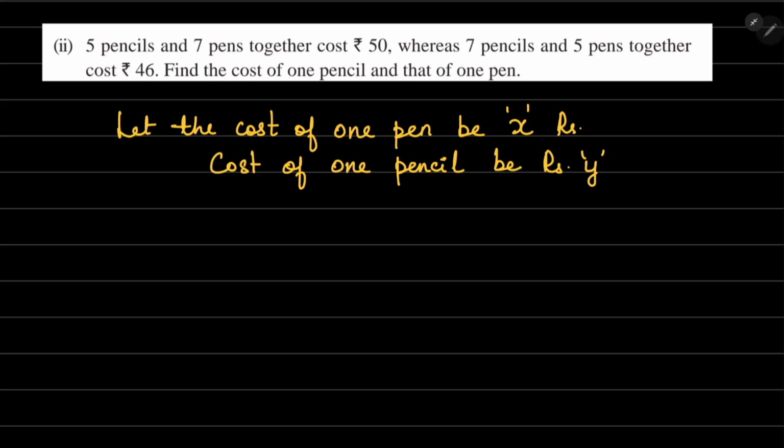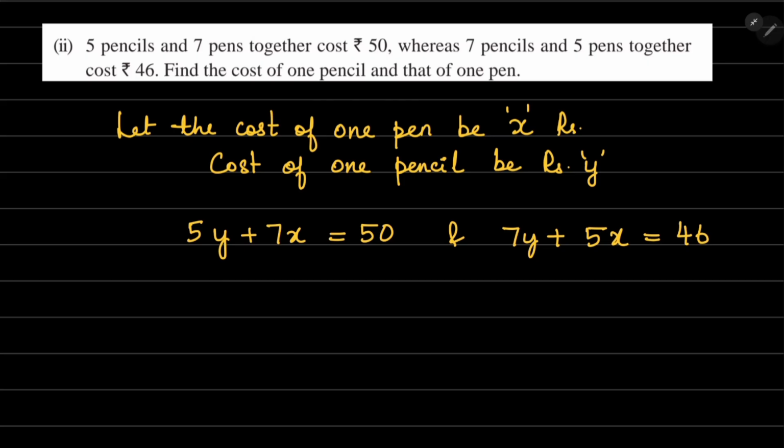Right? Now form the linear equation. What is it? If 1 pencil is rupees Y, how much will be 5 pencils? It will be 5y plus 7x equal to rupees 50. And what is the second equation? 7 pencils means 7y plus 5x equal to 46.